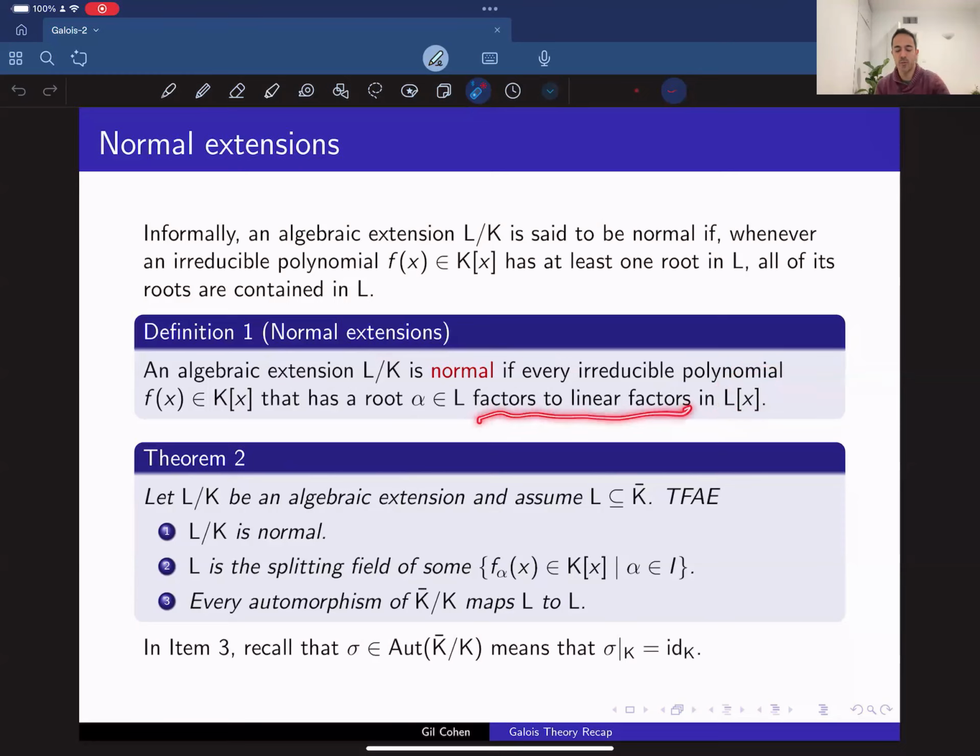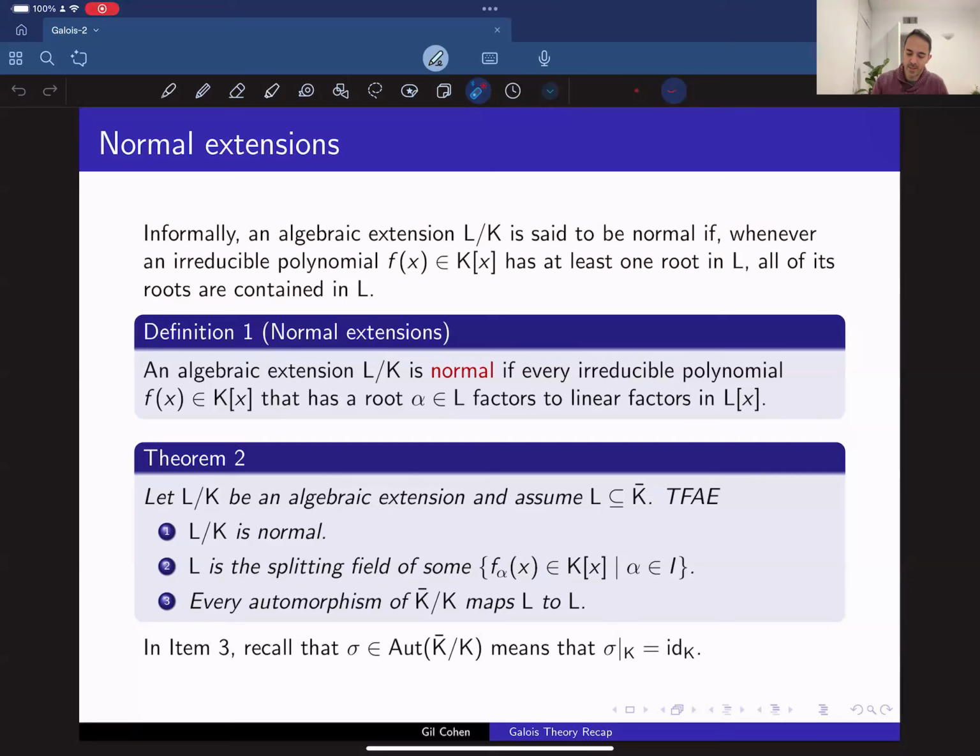This is the way you formulate that all of its roots are contained in L. Irreducibility is critical, because it could be that one component has a root, and therefore all other roots should be there, and another component has nothing to do with the first component, and so forth. So that's the right definition.